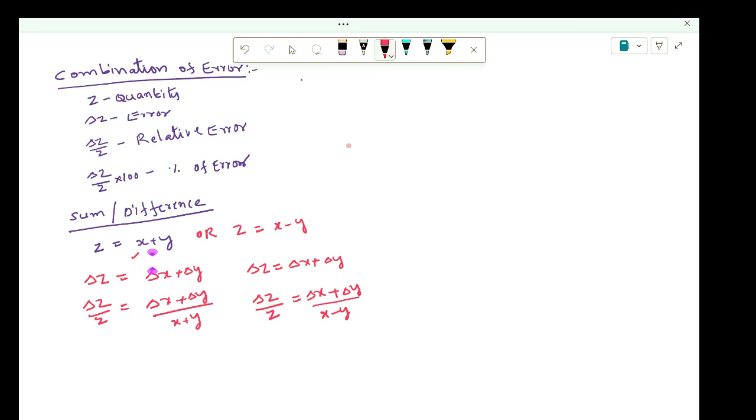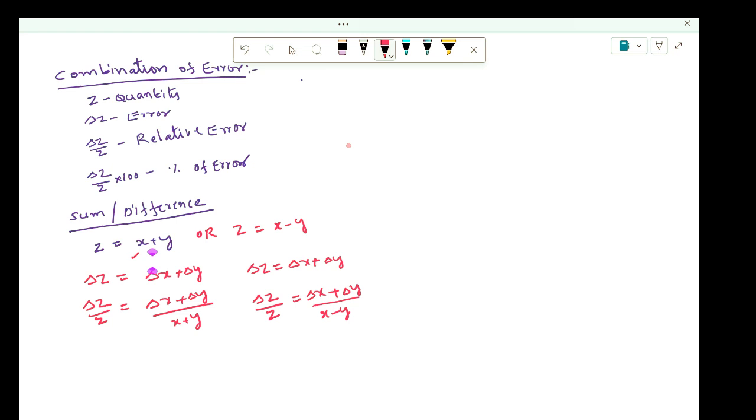The difference is less than x plus y, so this error will be more. That is why, when you are considering the experiment, the difference should be measured with a very high degree of accuracy. The remaining properties of accuracy I'll explain later.